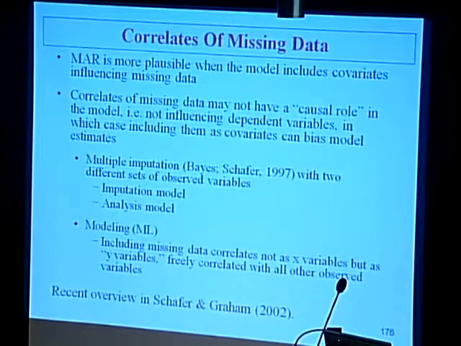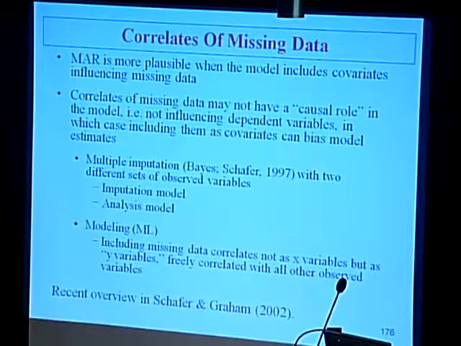And that's possible because you do the analysis in two steps. First, you do an imputation step. You get the missing data fix-up, missing data estimation in multiple data sets, and then you analyze the model.